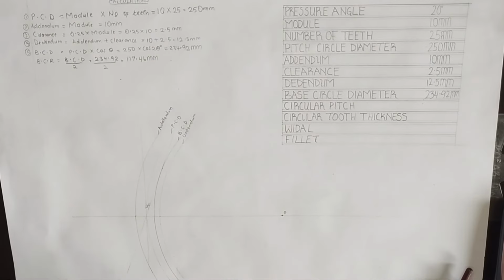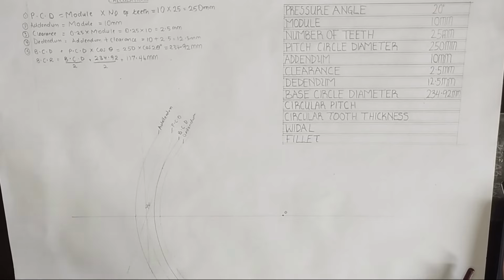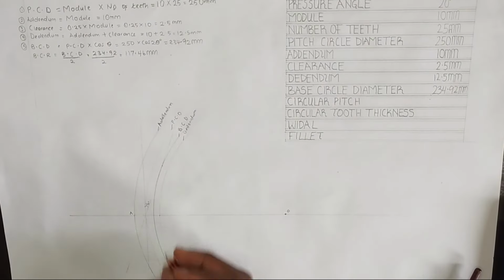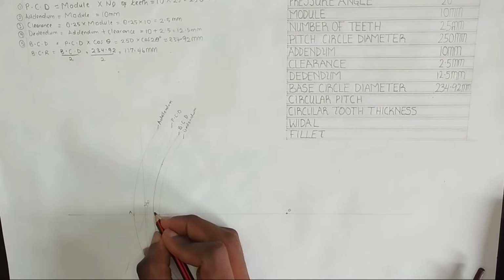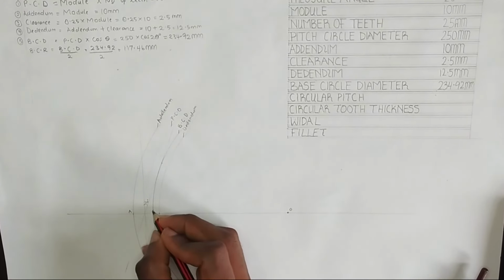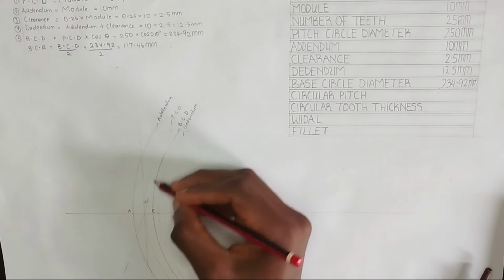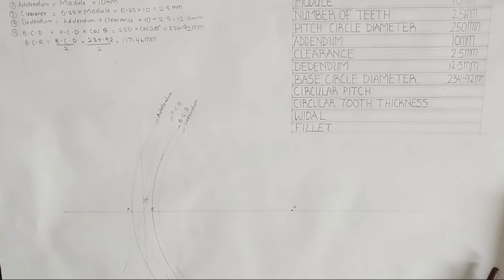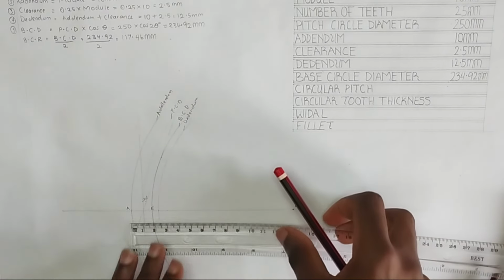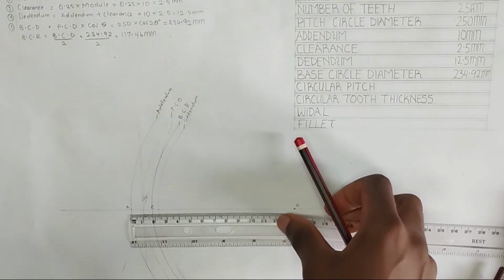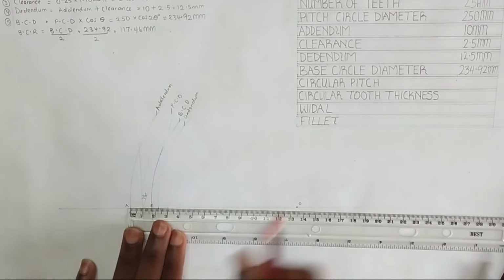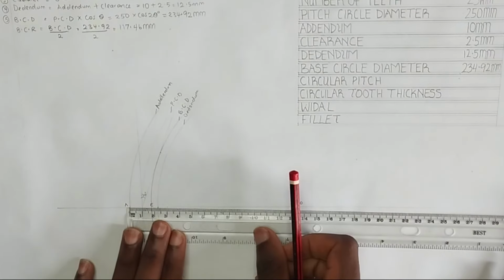So the next thing we are going to be doing is to pick our point A and E. Our point A is going to be on the addendum, which is this particular place. Then our point E is going to be on the base circle diameter, this particular line here. We are going to be dividing this AE into three equal parts. We are not going to be using the division of line method here. You are allowed to pick the point and then divide with your calculator by division.